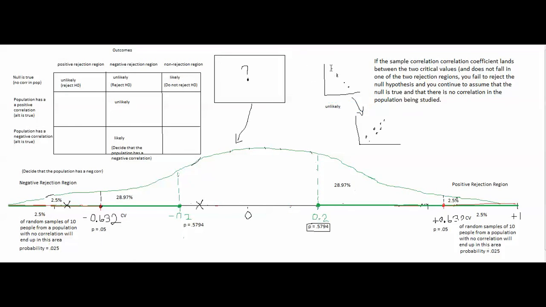So a population with a negative correlation like this is unlikely to give me a sample that has such a strong positive correlation that my outcome ends up all the way out here.